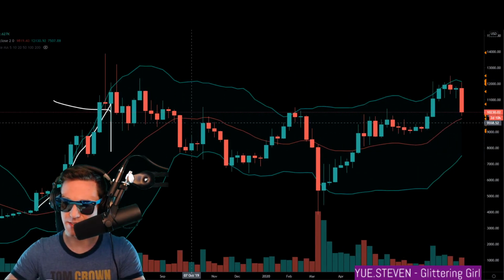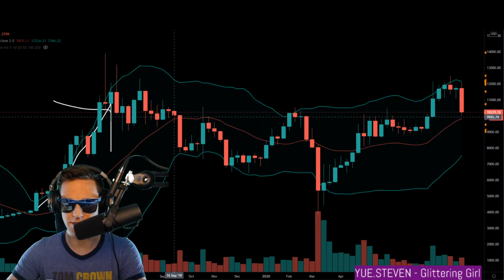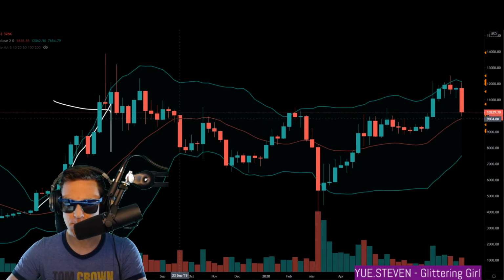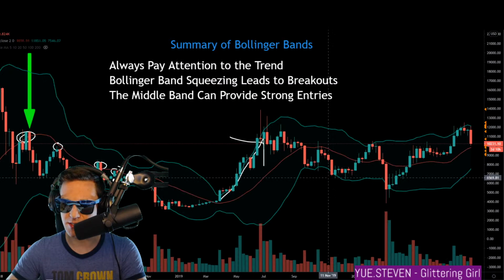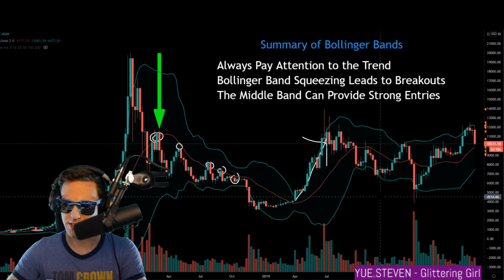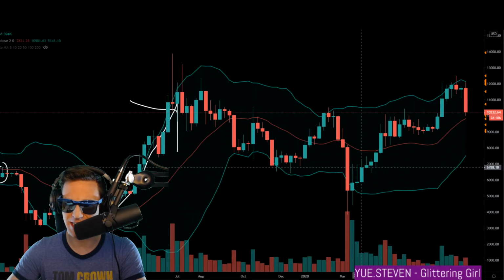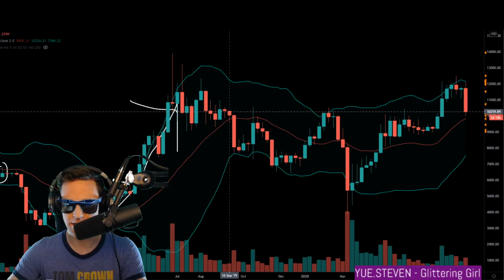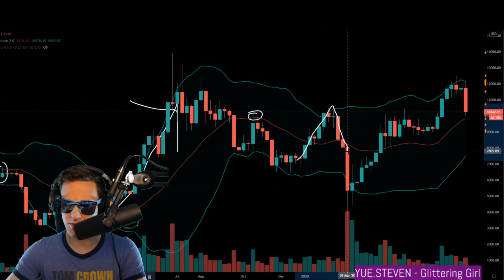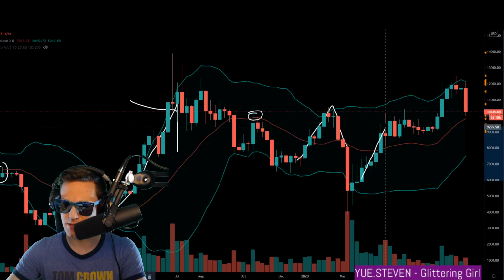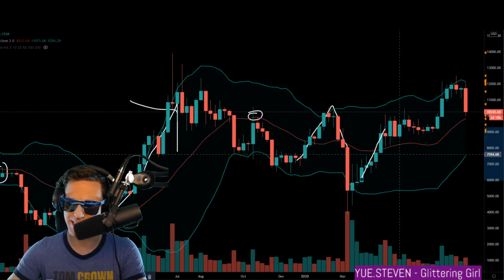Now, if we're just going to talk about Bollinger Bands for a little bit here, it seems that we are in a pretty consolidatory situation where the trend is not exactly set. You know, we had a rejection here. We had a break in both directions. A break again. We haven't really tested this middle line.